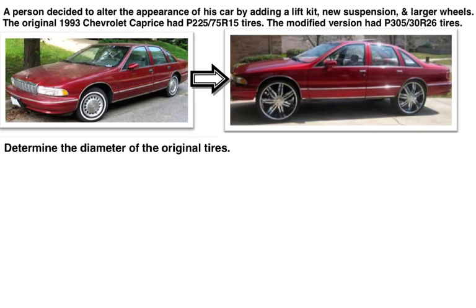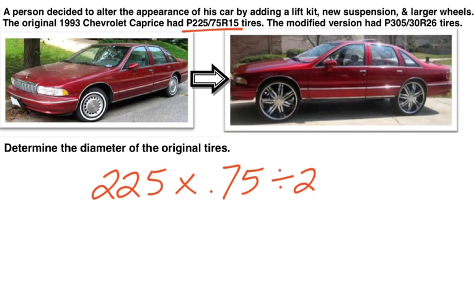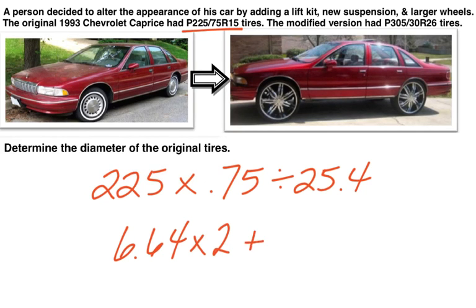So the diameter of the original tires, the 225/75 R15, is 225 times 0.75 divided by 25.4, and that's going to give us our tire height. That tire height is 6.64. We're going to multiply that by 2 and then add the rim diameter of 15. That gives our diameter to be approximately 28.3 inches.